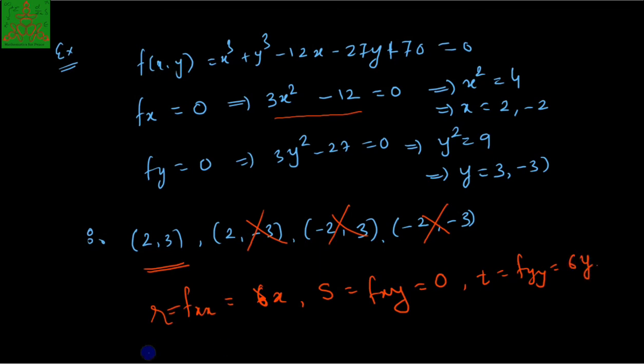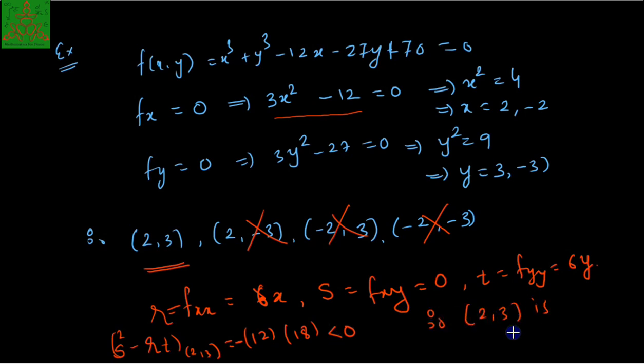Now s squared minus rt at the point (2, 3): r is 6 into 2, that is 12, and t is 6 into 3, that is 18, and it is minus because s is 0, so it is negative. Therefore we can say that (2, 3) is an isolated point, and that completes the solution for this example.